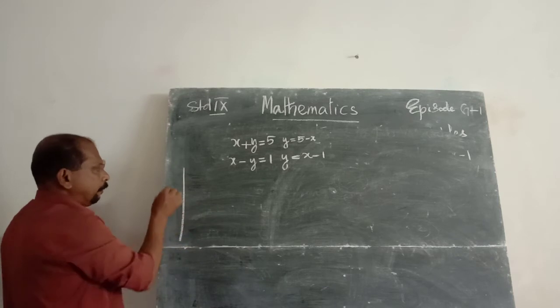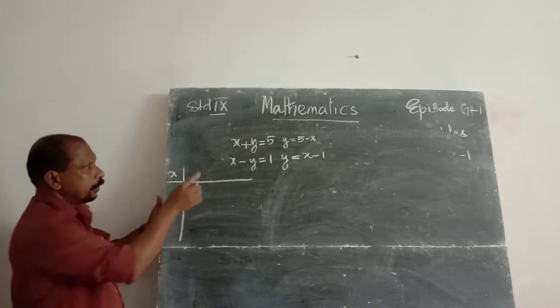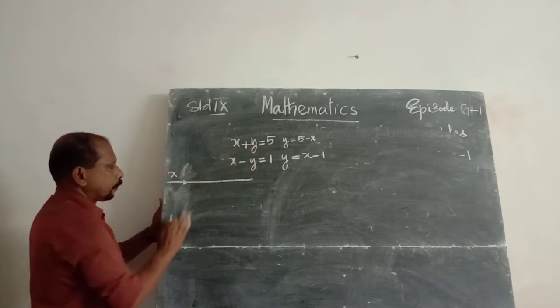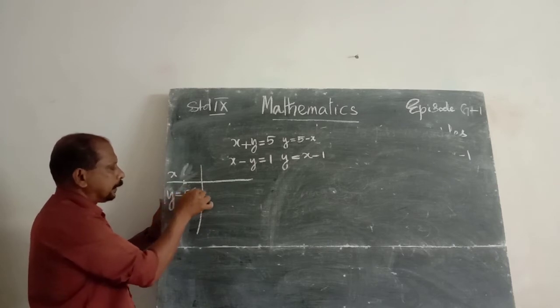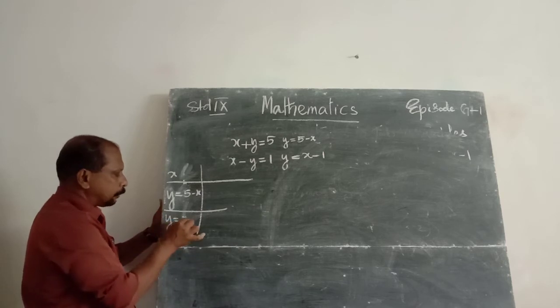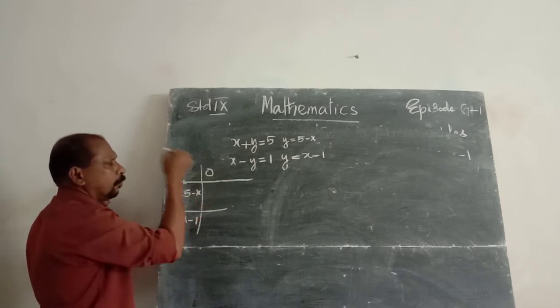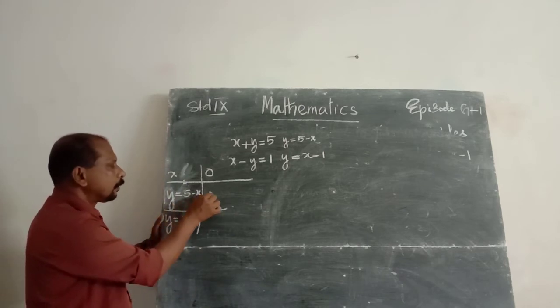Then, we consider the ordered pairs for x. This one is y is equal to 5 minus x. The third one, y is equal to x minus 1. Always x is equal to 0. Y is equal to 5.